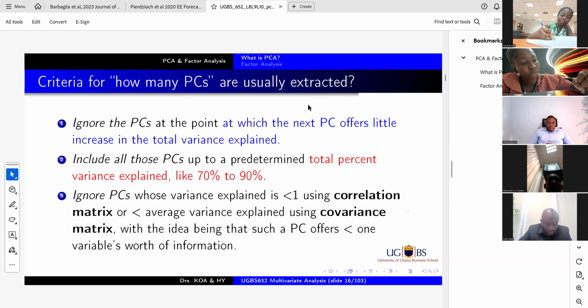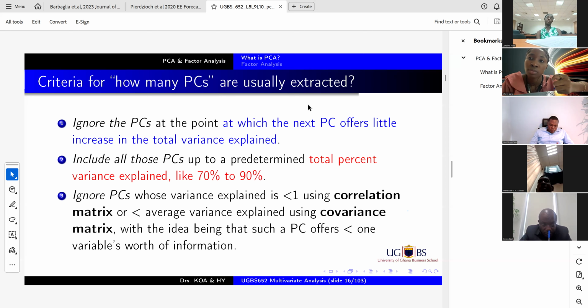So what are the criteria for deciding how many principal components to select? Number one, ignore the principal component at the point where the next principal components will increase the total variance. So go out till you hit that wall. Number two, some people say include every principal component up to 90% cumulative value.